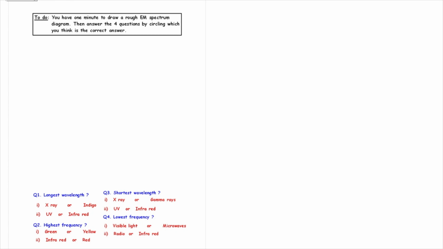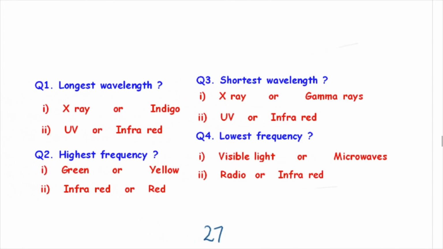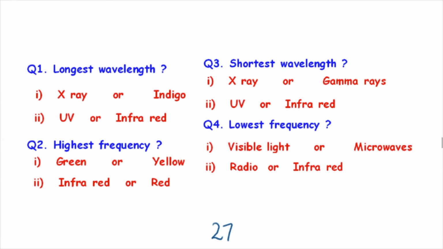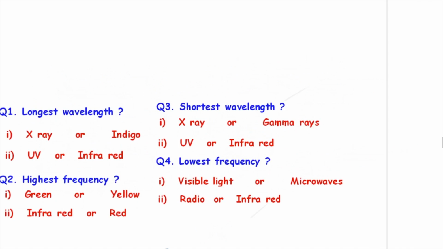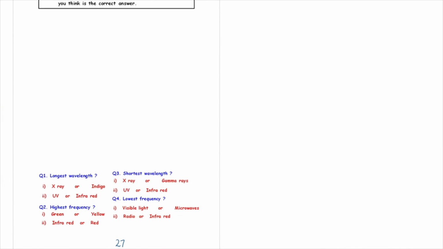Okay, we just fast forwarded in time. That's your minute gone. And these questions. Which is the longest wavelength? Well, what I'd have hoped you'd have drawn would be something like this. That wasn't a very good one, was it? Because it's difficult to get the same amplitude.